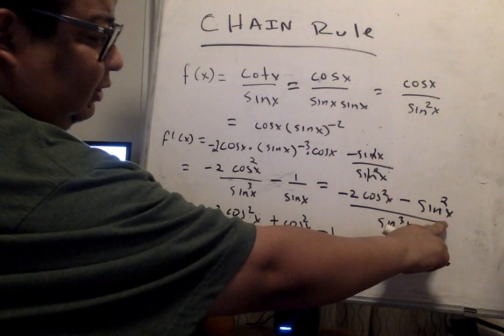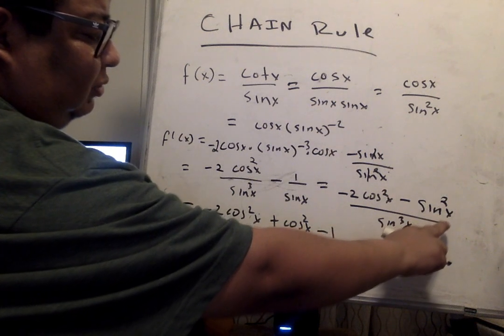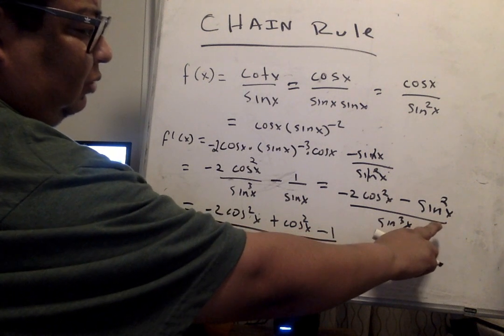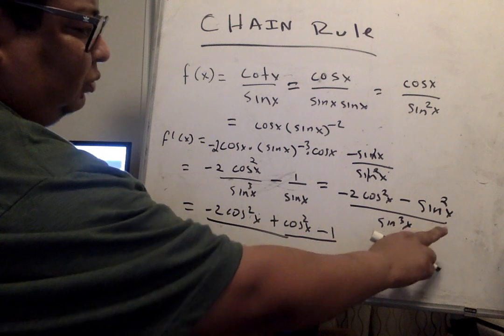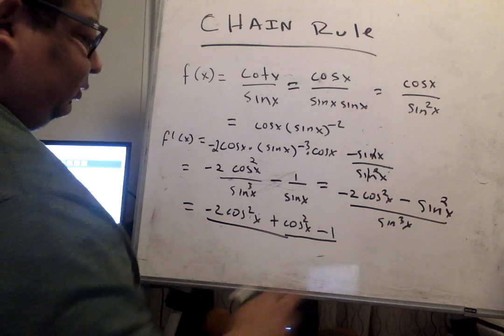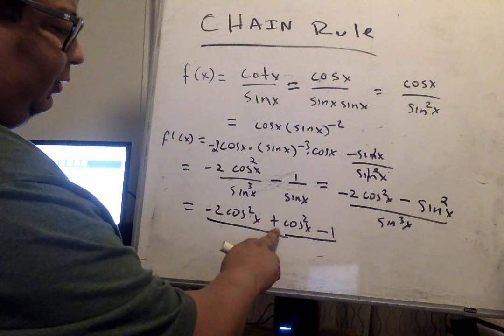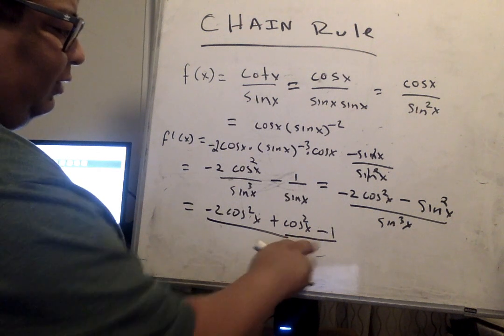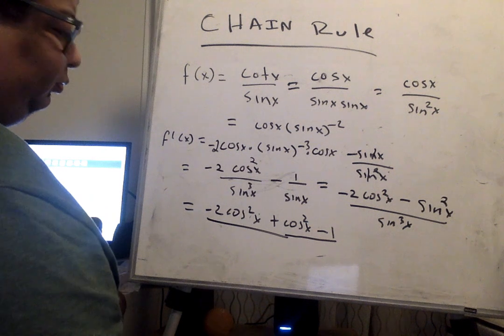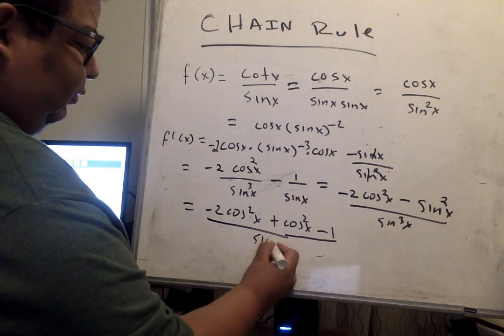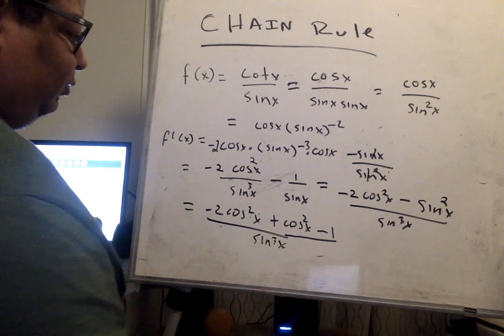Remember, I used the identity sine square equals 1 minus cos square x, and distributing the minus gives me positive here and a minus here, all over sine cube x.